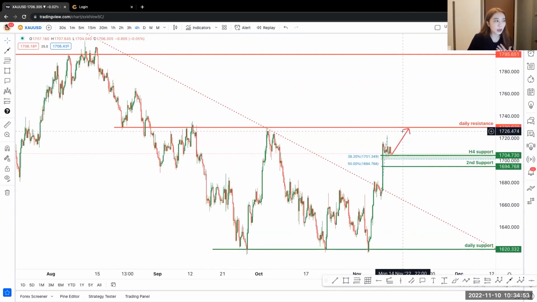For the upward moving ones, they are looking way past 1730, which is the daily resistance. Personally, I will wait for price to exceed 1730 before entering again.